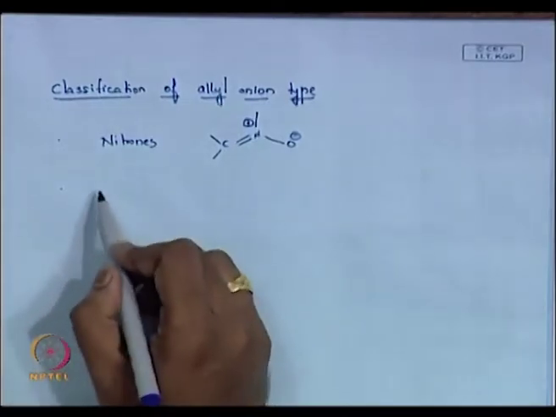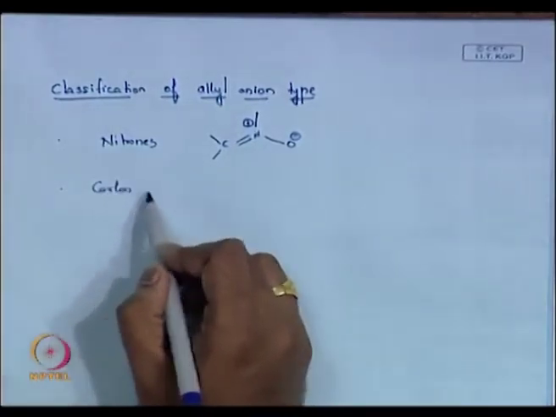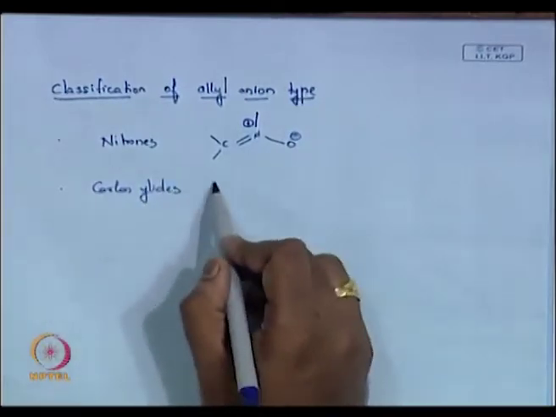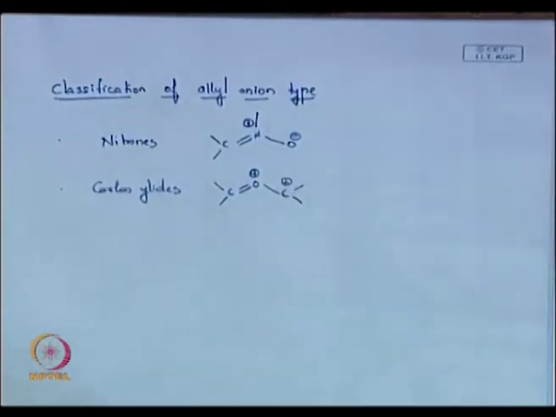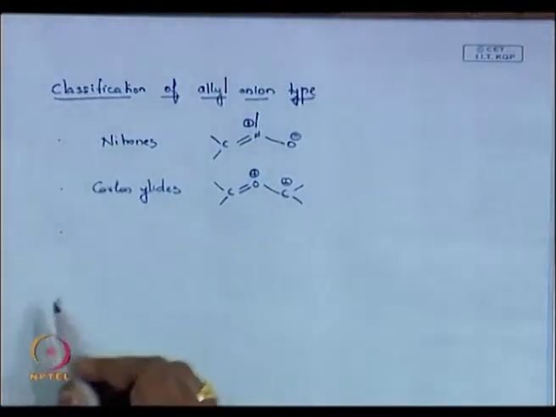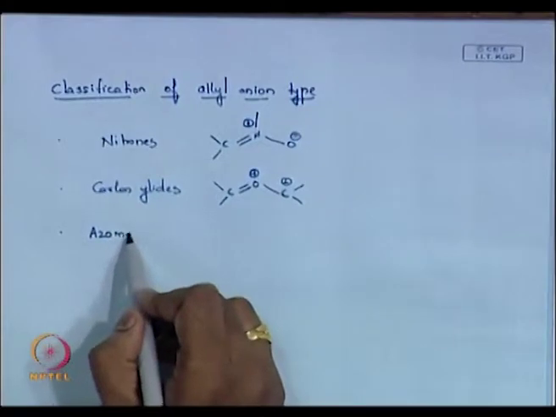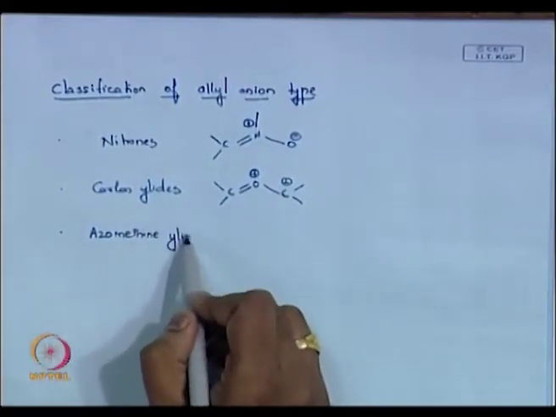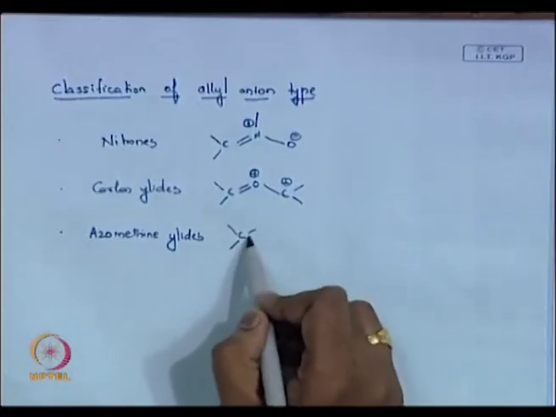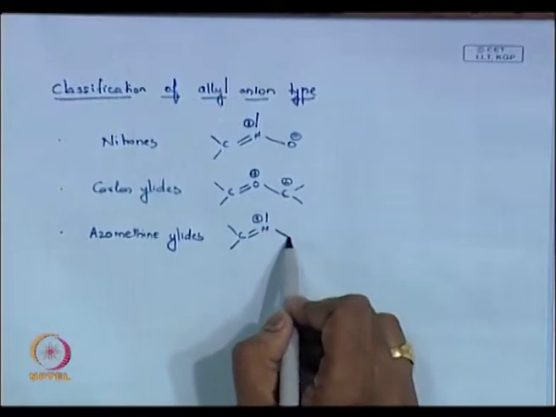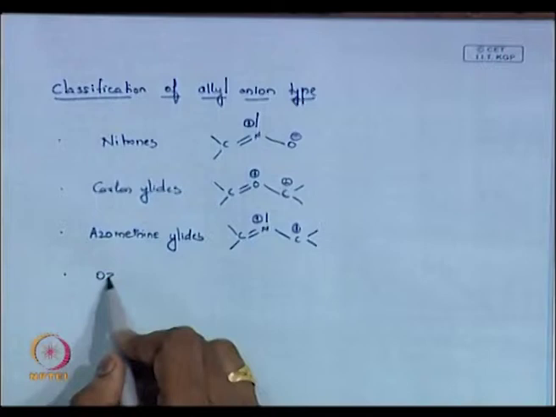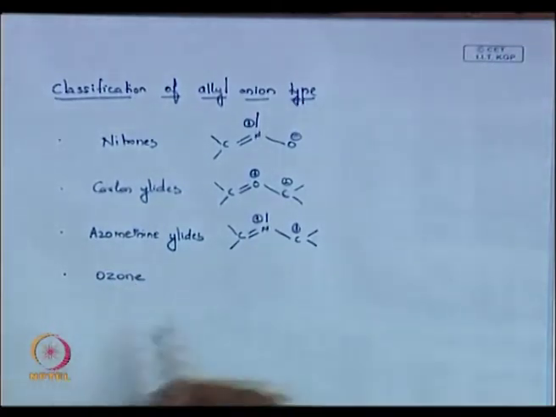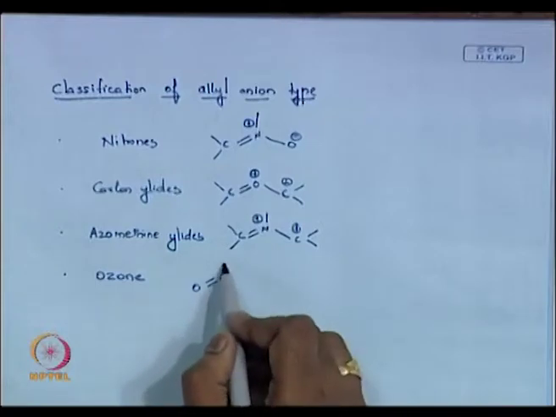You can think about your carbonyl ylides, then you can even have your azomethine ylides, and you have your ozone, because in ozonolysis, ozone acts as a very good 1,3-dipolar cycloaddition partner.